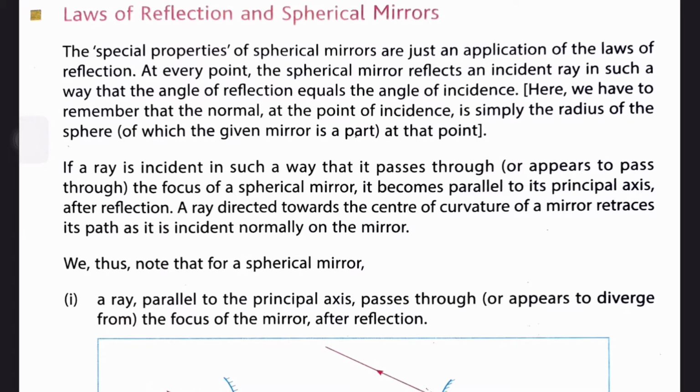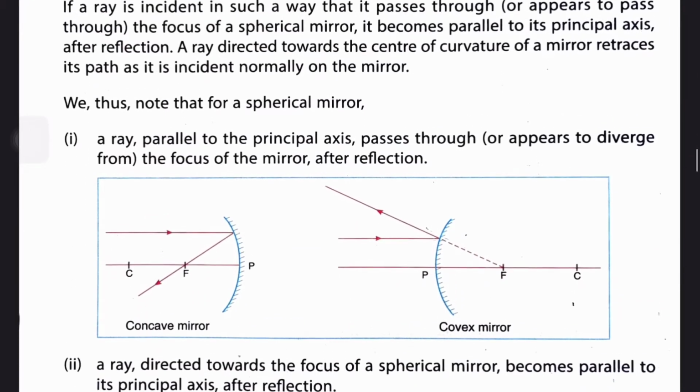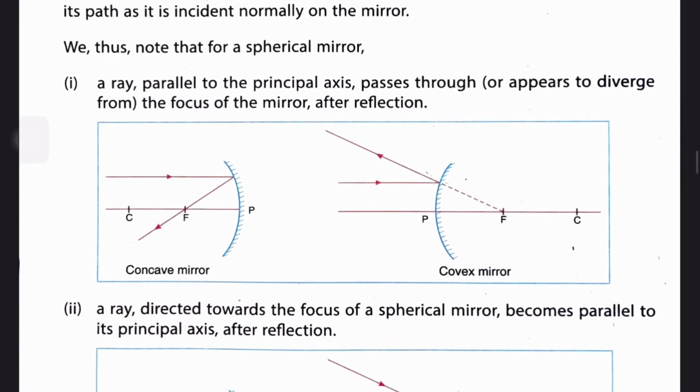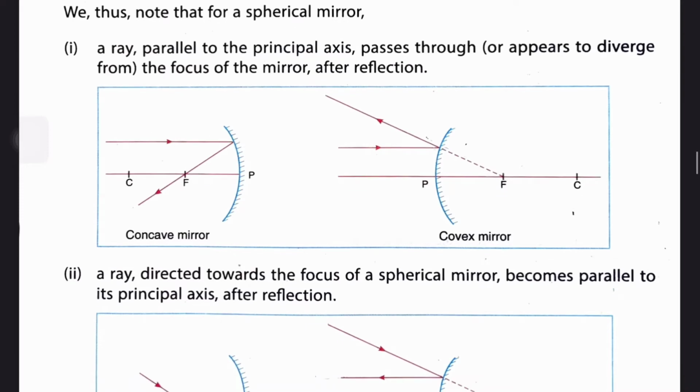We thus note that for a spherical mirror, first, a ray parallel to the principal axis passes through or appears to diverge from the focus of the mirror after reflection. You can see this in these two pictures.